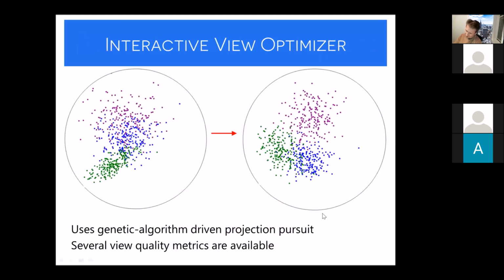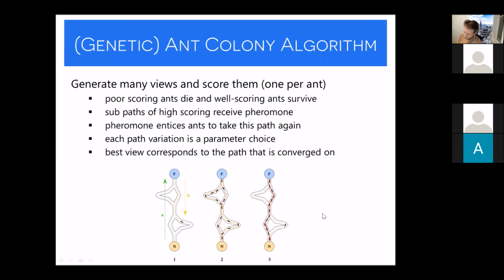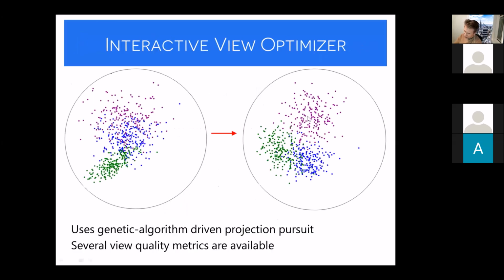And then I can have an algorithm that decides how good a view really is. I'm going to show you one of these algorithms later on. Basically, I can determine how good a clustering really is. Is this a good clustering or not? This is not a good clustering because there are a lot of points that are intermixed. This is a better clustering because there's not a lot of intermixing happening.